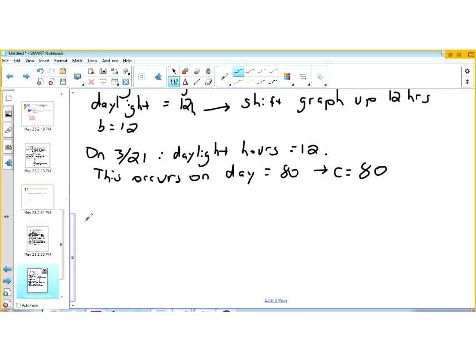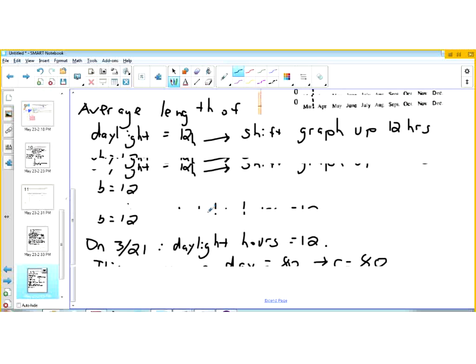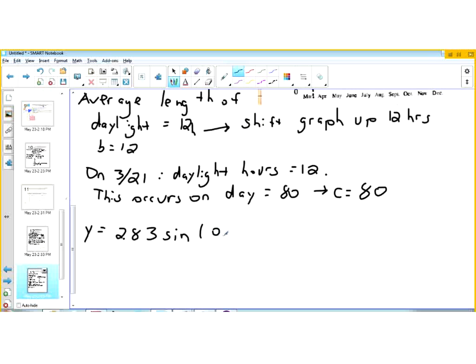So let's see here. So we have Y is equal to the amplitude, which we said was 2.83. This is a hard problem. And then times sine. And let's see, our omega. Did we calculate omega? Yeah, 0.0172 times time.